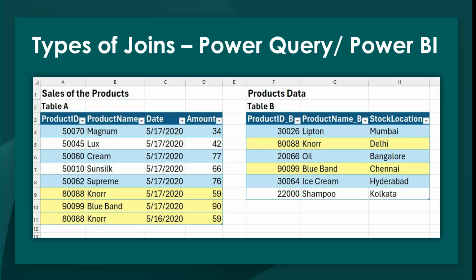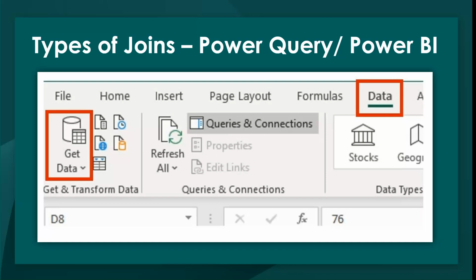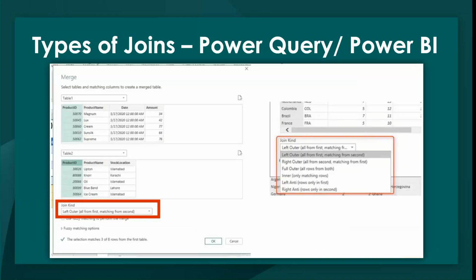For applying the joins in Excel Power Query, you need to go to the data tab first, then click on get data, and then go to the merge options. There are a lot of ways you will find later on Google or video, but in this video I will tell you about one of the easiest ways to merge the data between two tables and apply the joins.